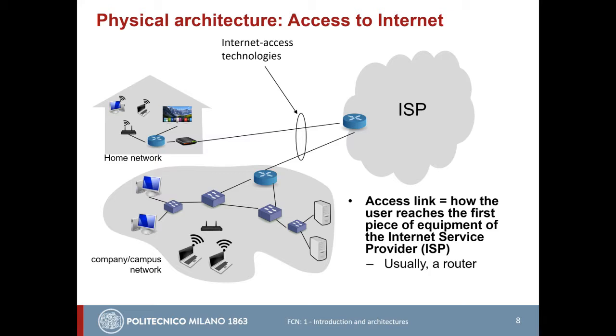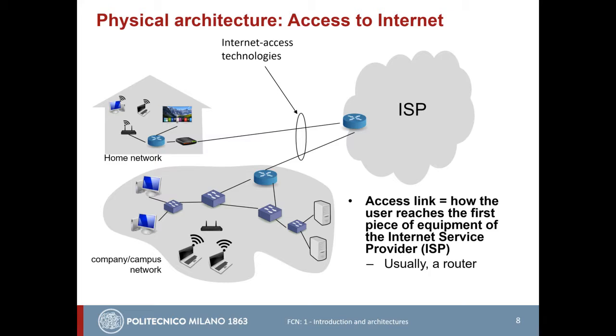Once you reach the first router, then you are inside internet, the real internet network. And only if you reach a router, you can communicate, send messages to everywhere in the world to the destination. So it's very important to understand how you arrive to the first router of the network.